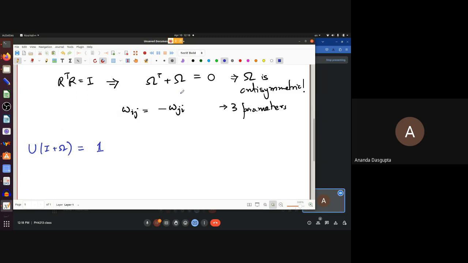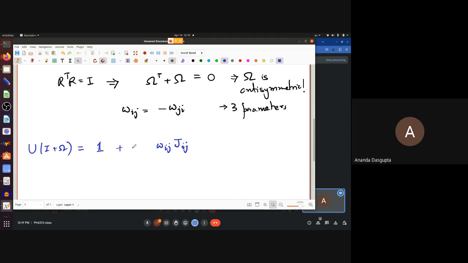You have these parameters omega 1 2, omega 1 3, omega 2 3, all these parameters, they actually tell you what the rotation is, right? So what you expect for this U operator is that it would deviate from the identity, but to first order it will basically be omega ij times Jij, and I'm assuming a sum over i and j here. Omega 1 2 J12 plus omega 1 3 J13 and terms like this.